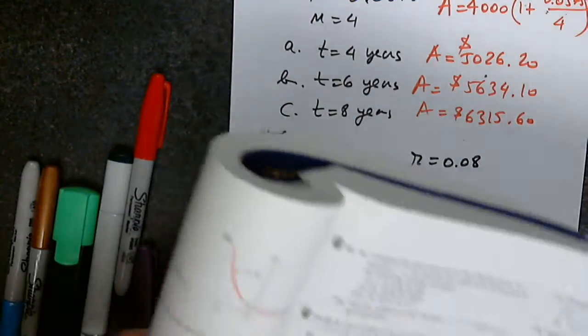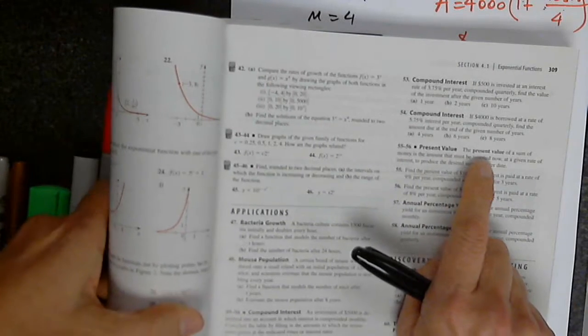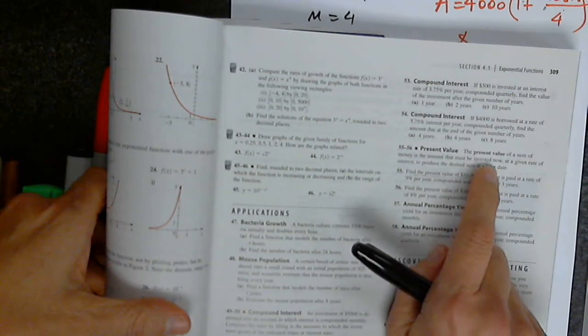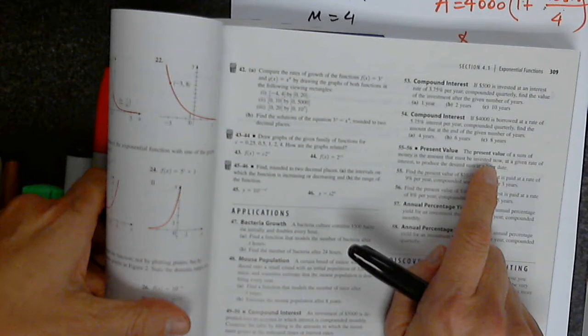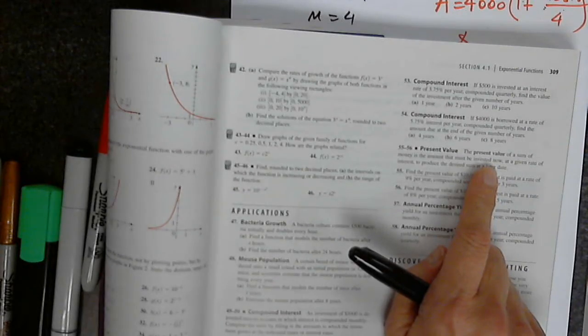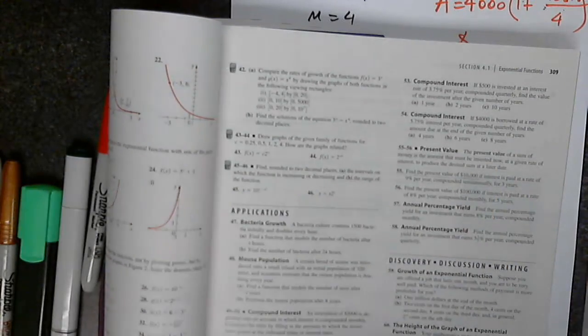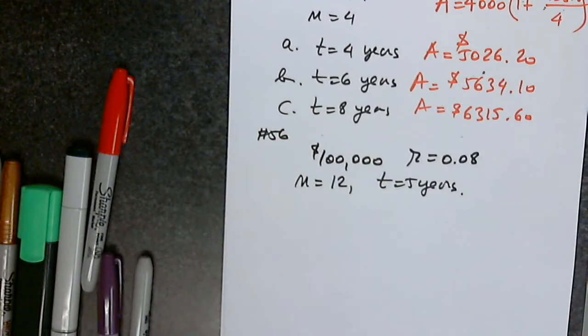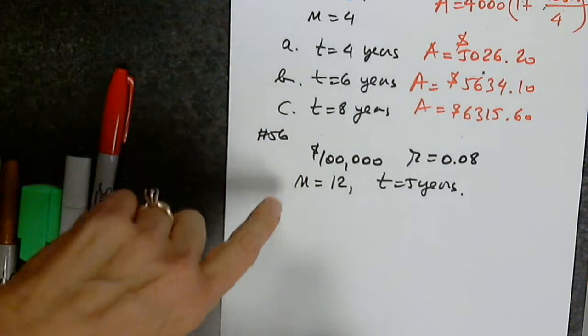Very interesting. The present value of a sum of money is the amount that must be invested now. So I don't know the principal. I don't know how much I should invest now, but I want 5 years later to have $100,000. So the present value of 100,000.